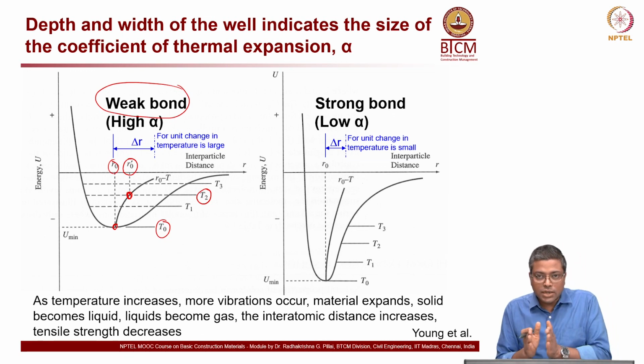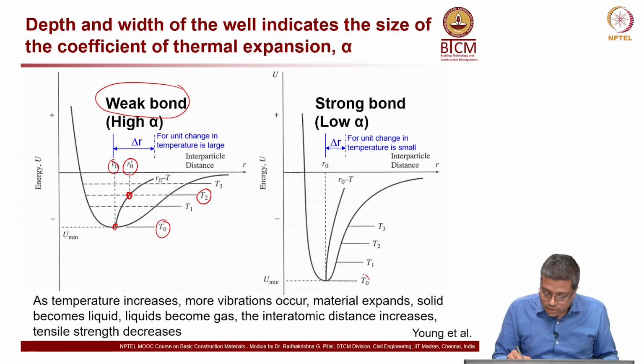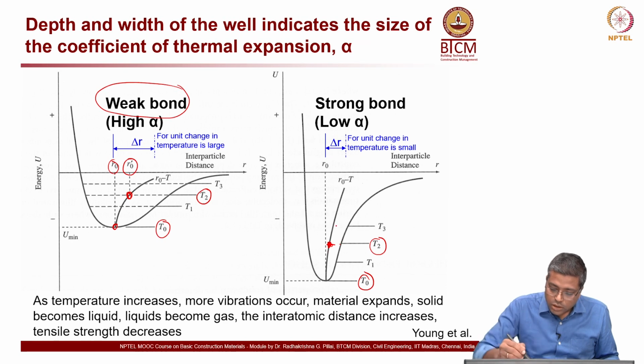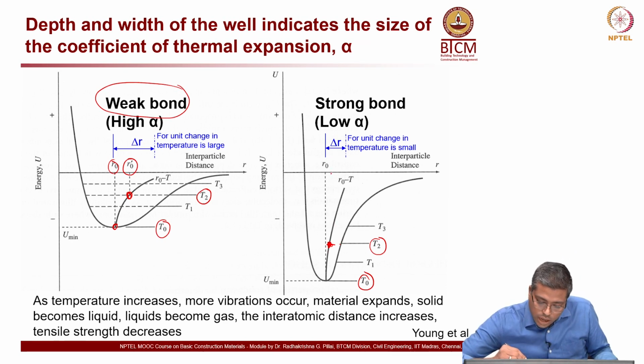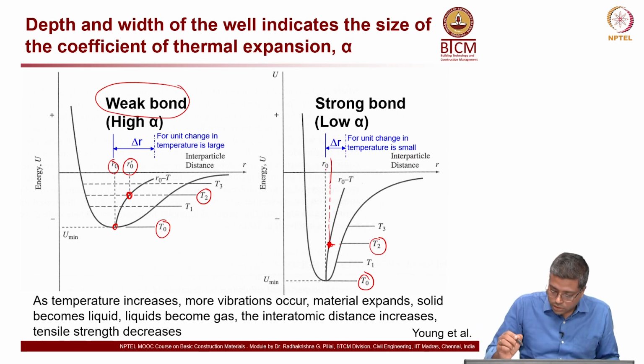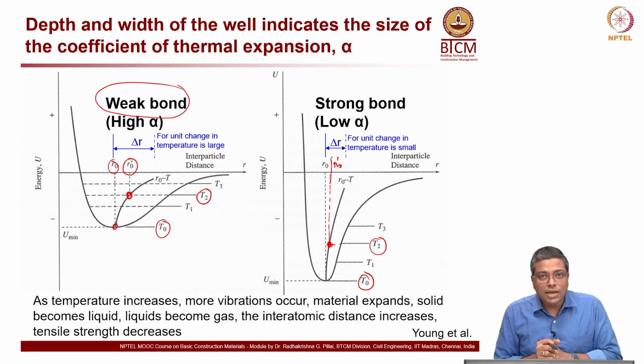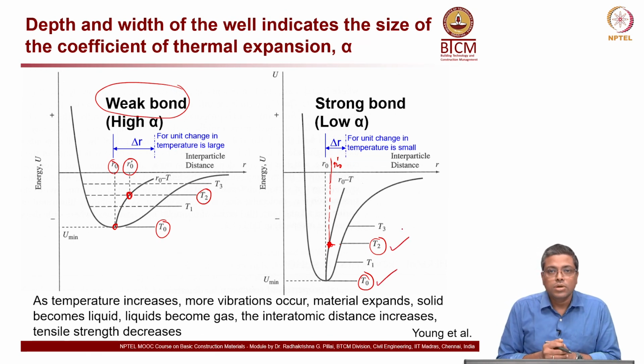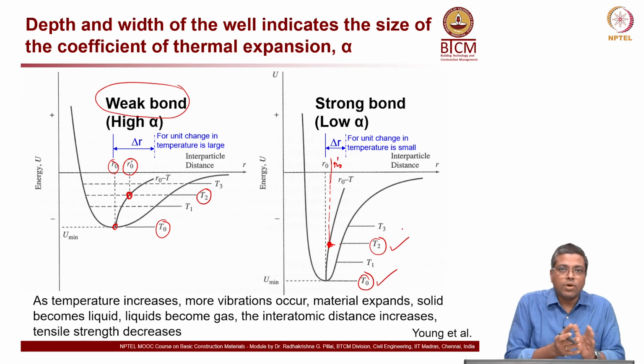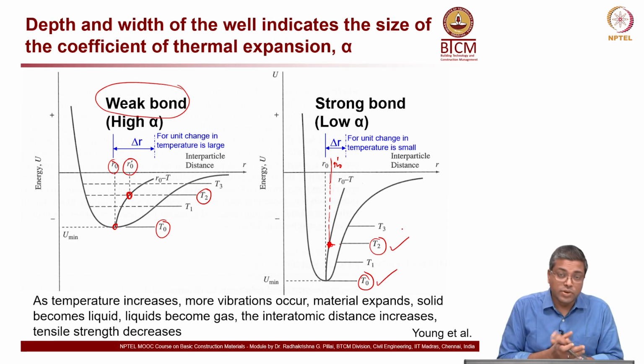Now look at case 2. If I take T0 and T2 here, R0 prime will be somewhere like this. Now that delta R in the second case, for the same difference of T0 and T2, is much smaller than in the first case.